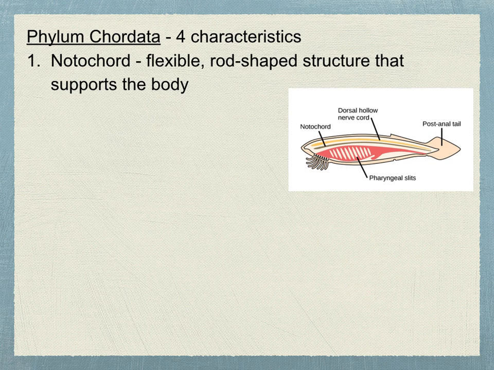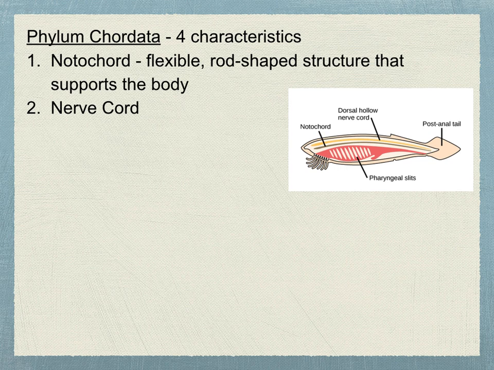The first would be a notochord. And a notochord is a flexible, rod-shaped structure that supports the body. So here you can see it's this gray thing right here. The second characteristic of chordates would be a nerve cord. So again, you can see this hollow dorsal nerve cord running right here down the back of this chordate.